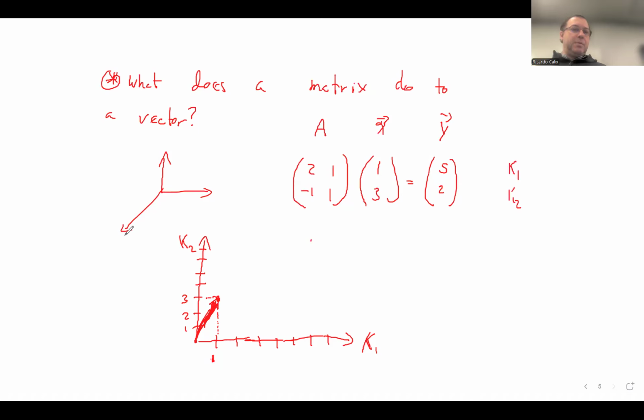And actually let me redraw that in another color. So it's going to be that this is our x. Do you guys see that? Okay. Now if you look in this example, this blue arrow looks a lot like an axis.